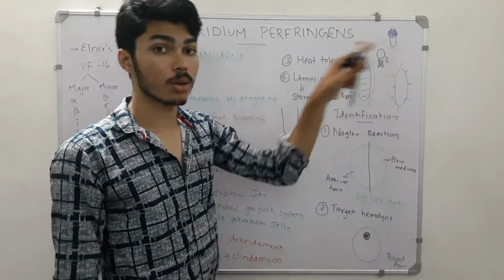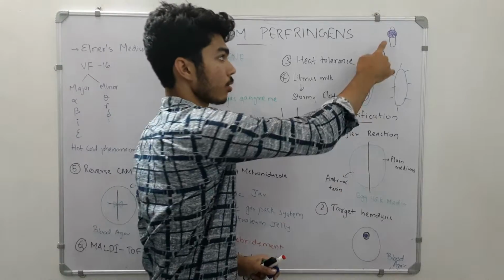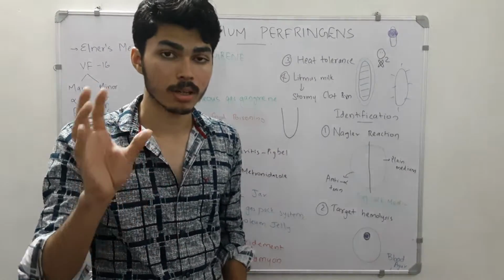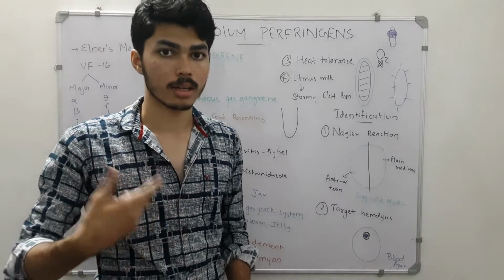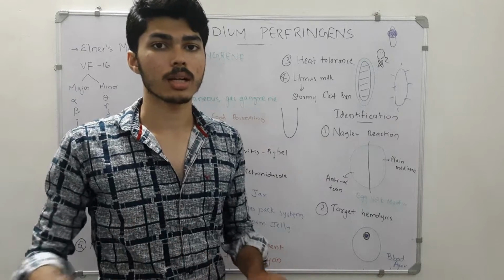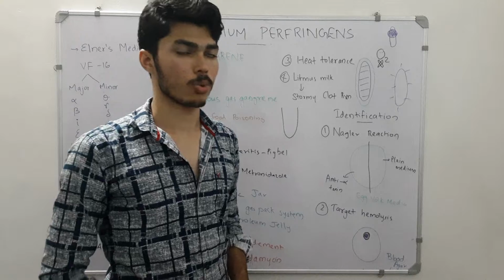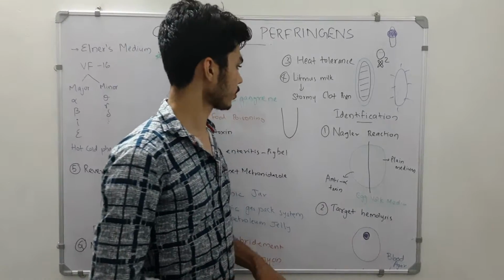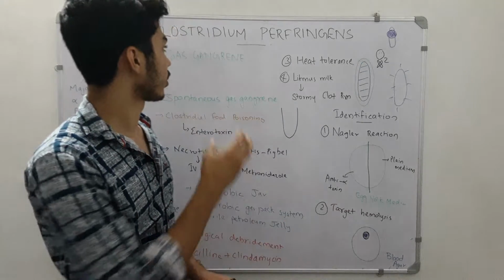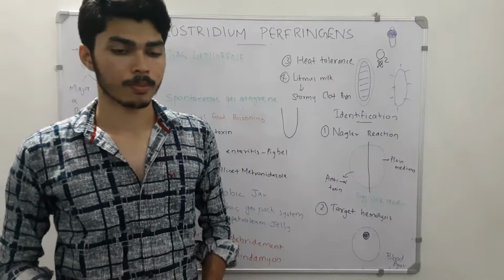In the case of Clostridium perfringens, it is of subterminal type. And one more thing, Clostridium perfringens taken from humans don't contain spores. When you are culturing, you cannot see the spores. So that is a brief idea about Clostridium perfringens.